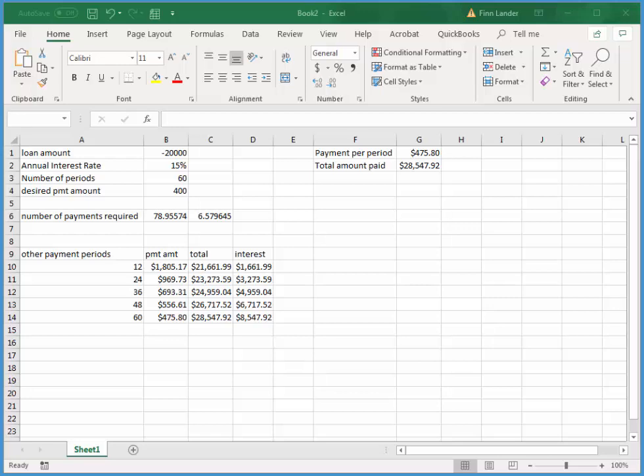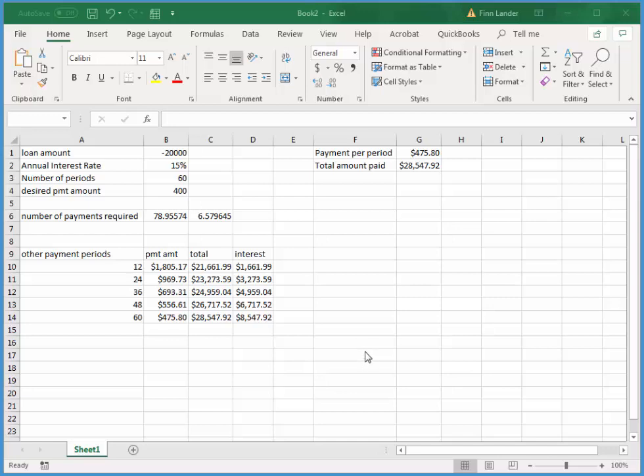Hi there. In this video, I'll create an amortization schedule. It allows us to specify a loan and how many periods we're paying that loan off for, and then it'll allow us to look at how much of the principal we're paying per payment and how much of the payment that we pay is interest.